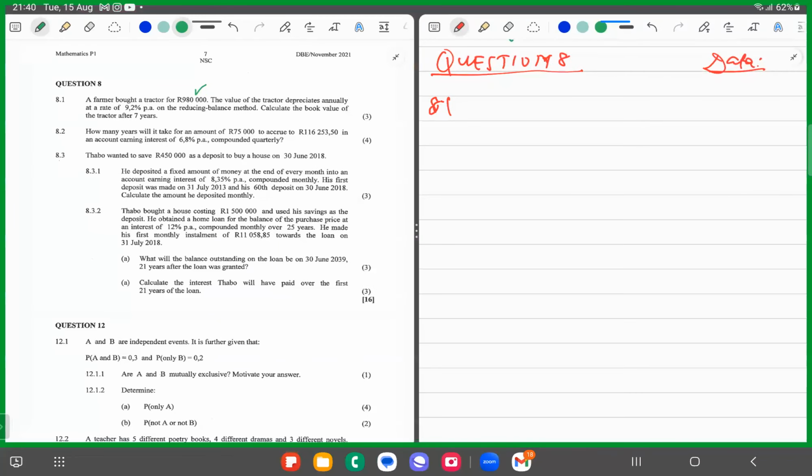So this farmer who bought a tractor for 180,000. And now you need to look at the data and write down the data for this situation, but also take into account the fact that we're doing finance.